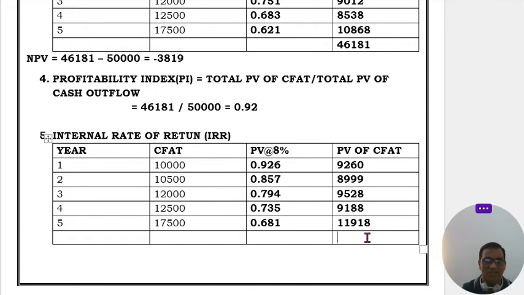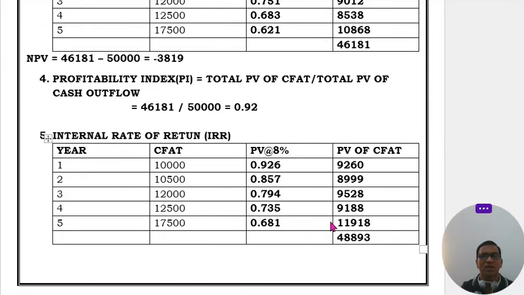Now the total PV of CFAT: 9,260 plus 8,999 plus 9,528 plus 9,188 plus 11,918, which comes to nearly 48,893.